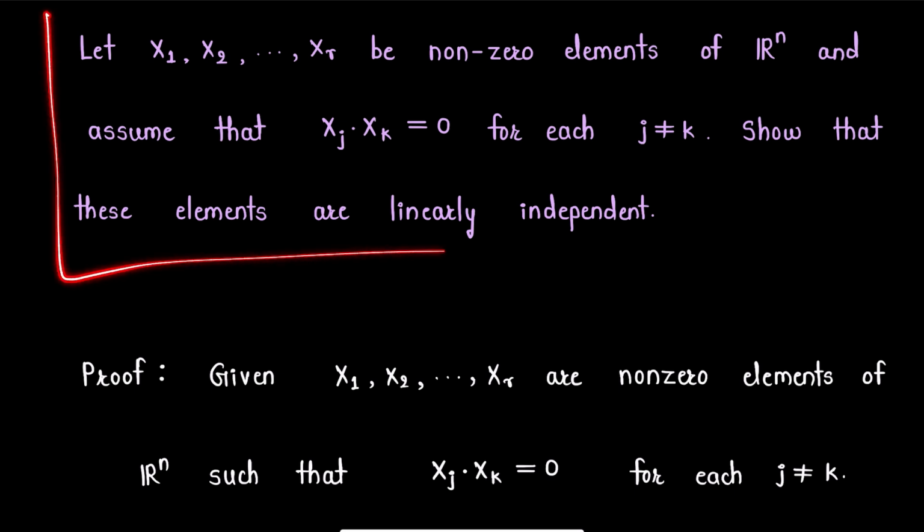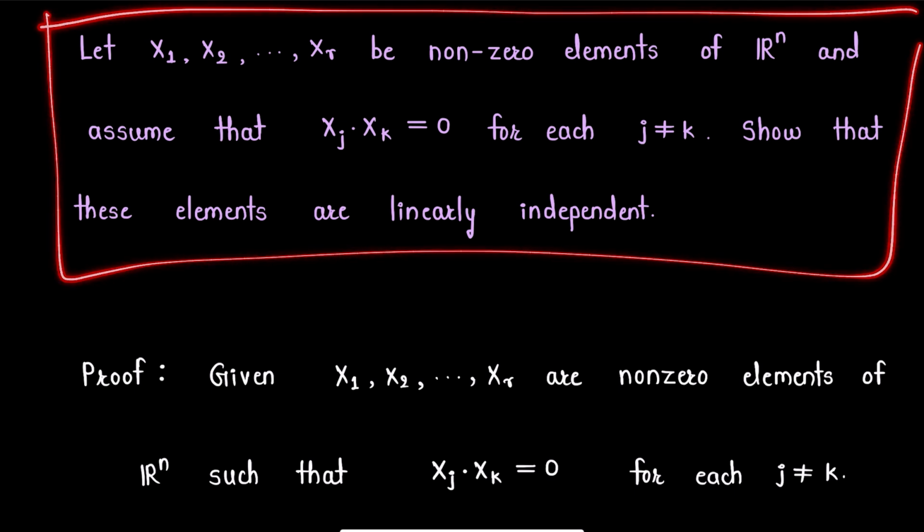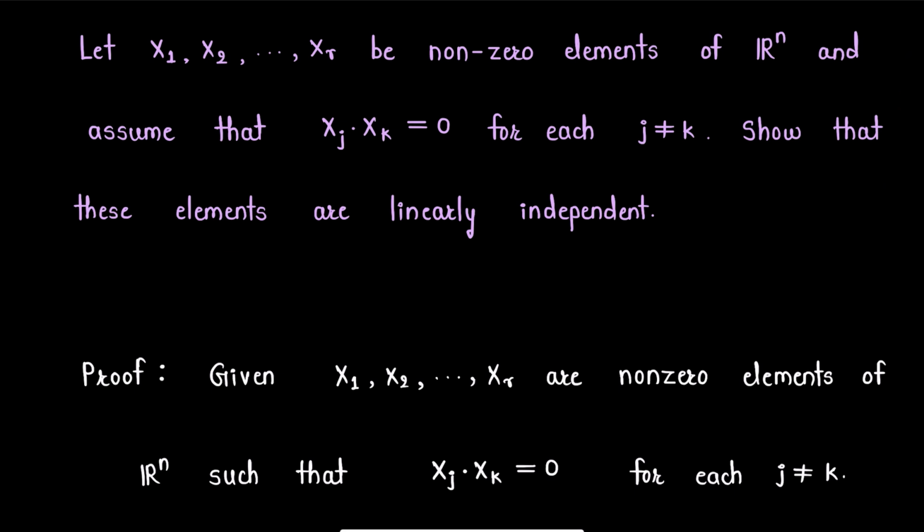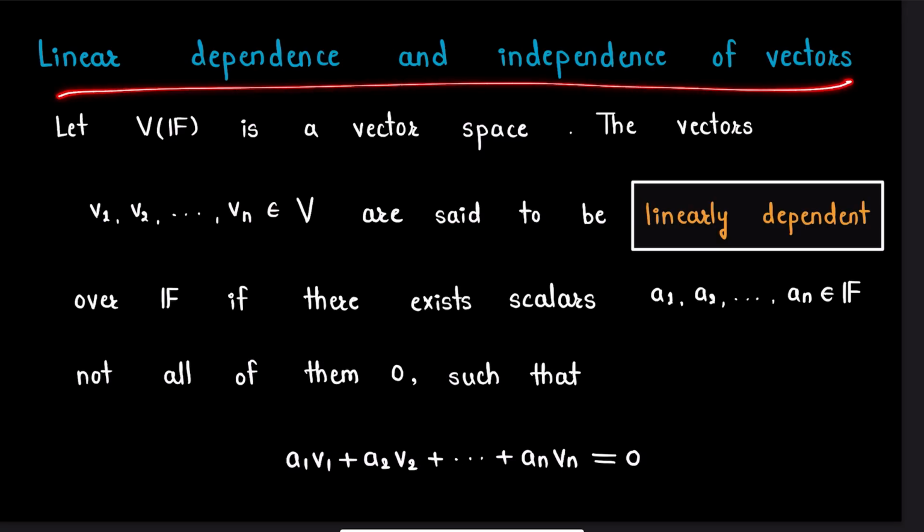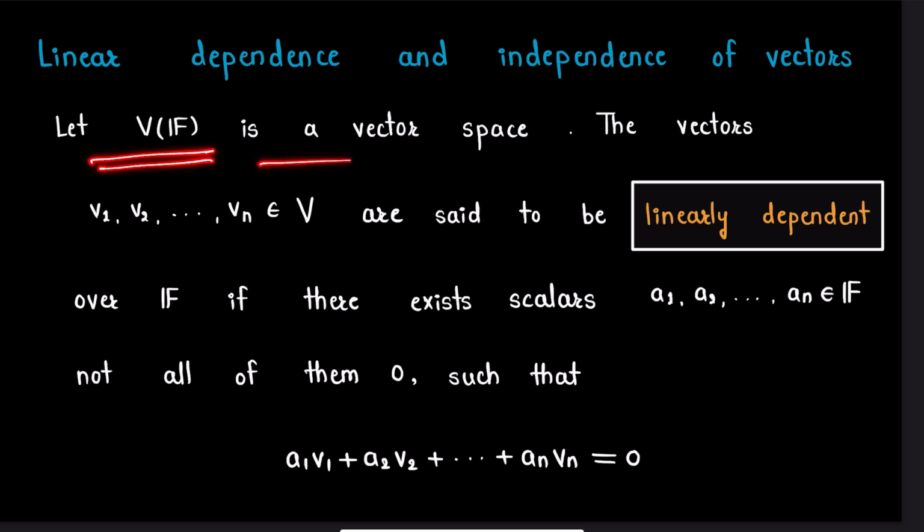Now, in order to prove this given result, firstly, we need to recall the concept of linearly independent and dependent vectors. So, let V over field F be a vector space.